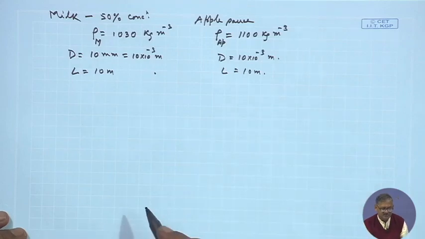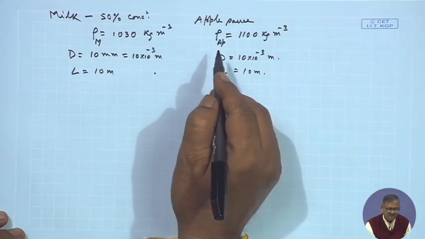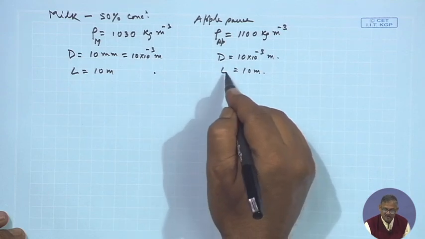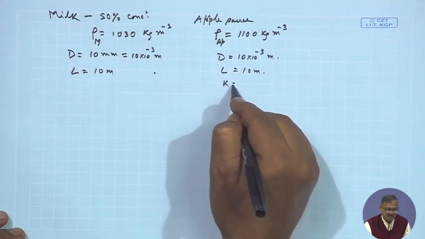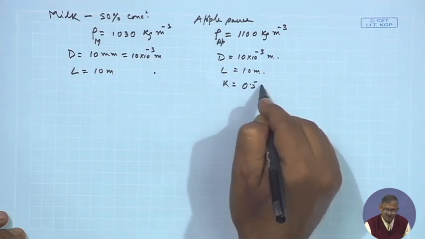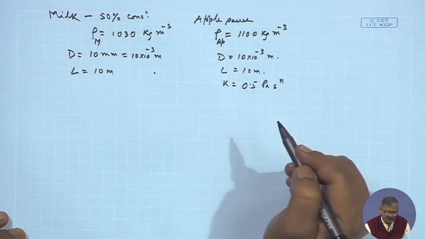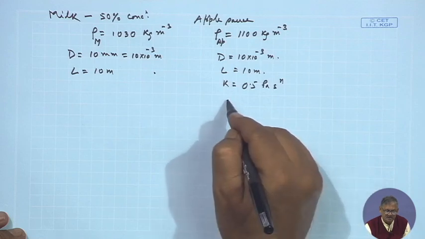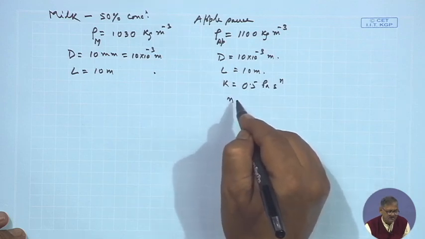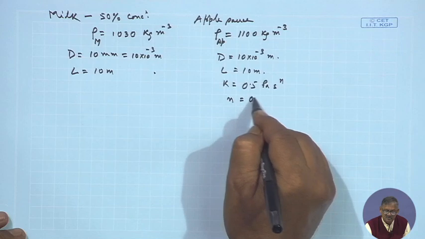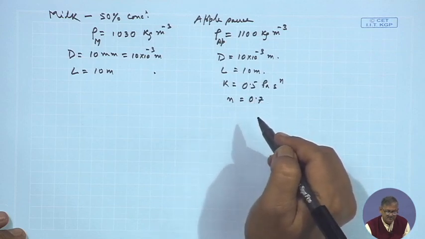Consistency and flow behavior indices for applesauce are: the consistency coefficient K apple is 0.5 Pascal second to the power n, and the flow behavior index N apple is 0.7.